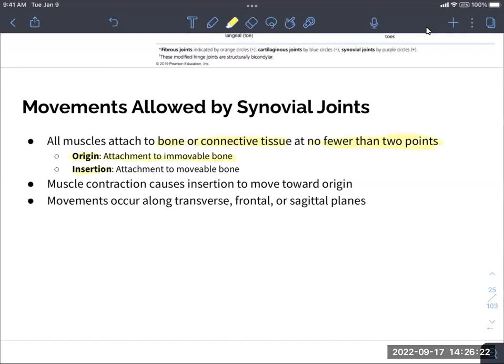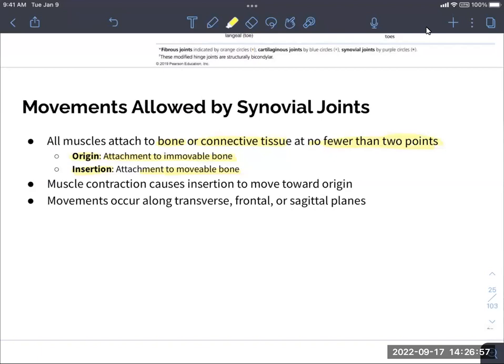But the insertion is the movable part. So if you think about your biceps in your arm, it attaches to your shoulder, but your biceps doesn't move your shoulder. Your biceps lets you bend your forearm up. So the insertion is down in the forearm. That's what allows you to move your arm.